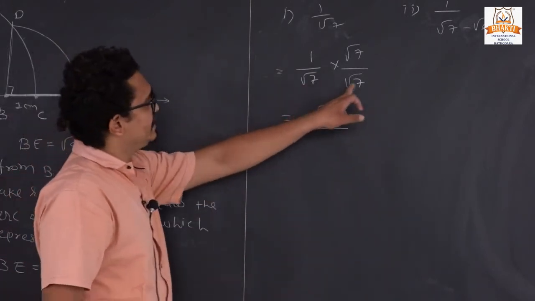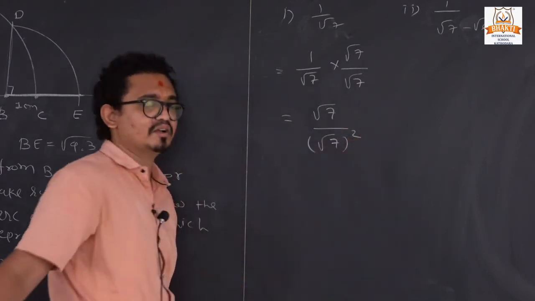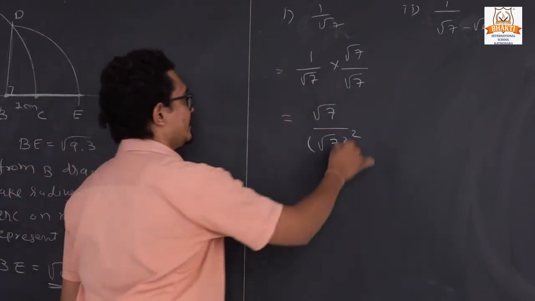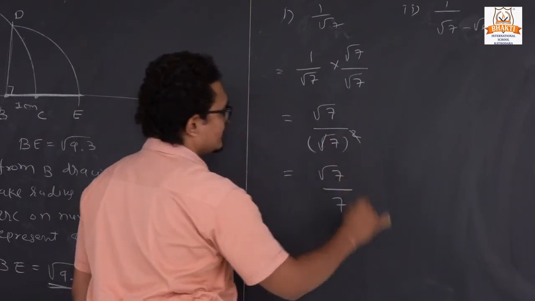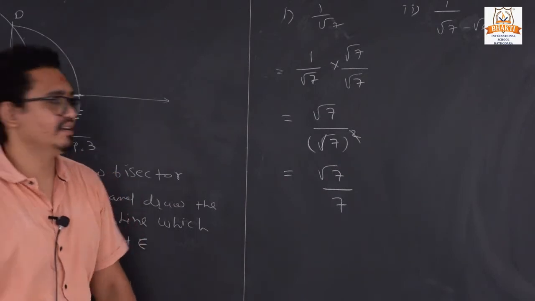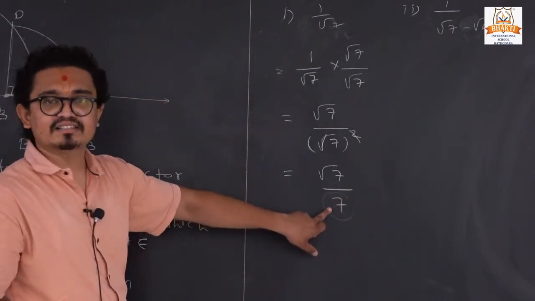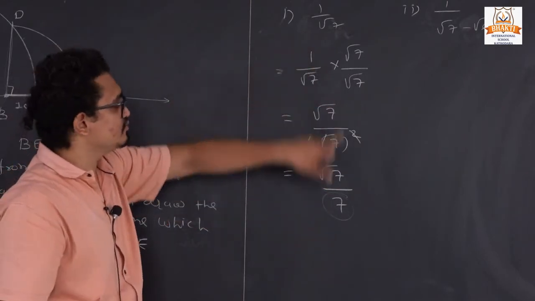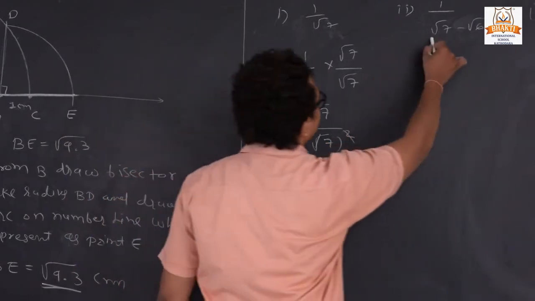Root 7 into root 7 is root 7 all squared, because it occurs two times. Now square root cancels. So what is our answer? Root 7 upon 7. Now you can see it is rationalized because the under root is removed. Now question number 2.